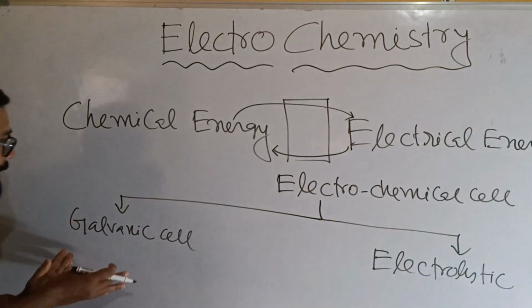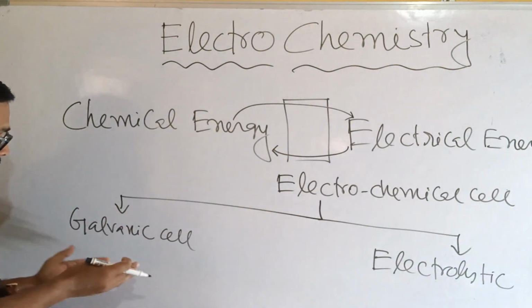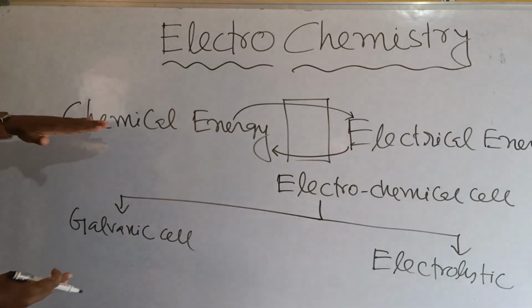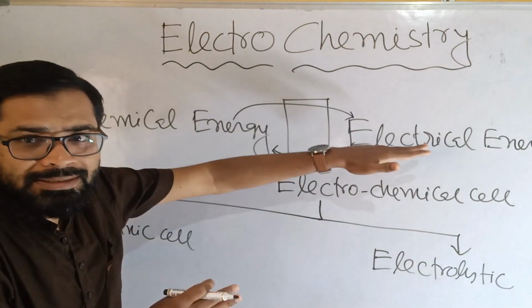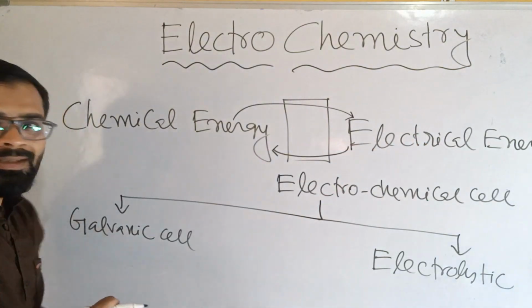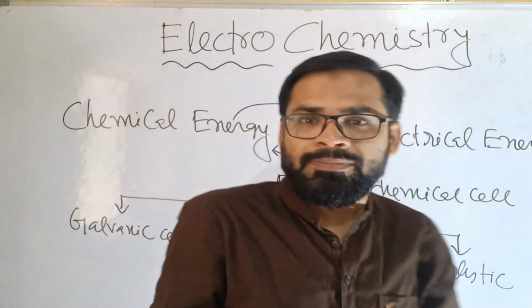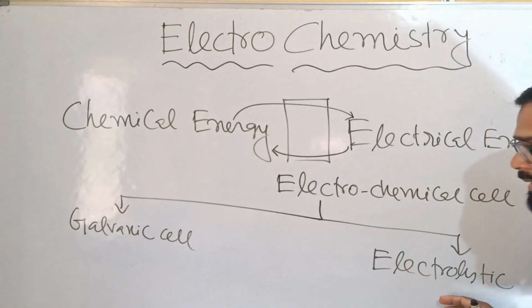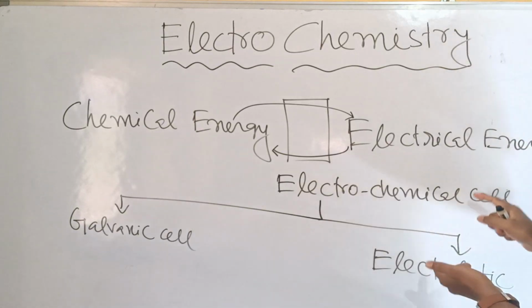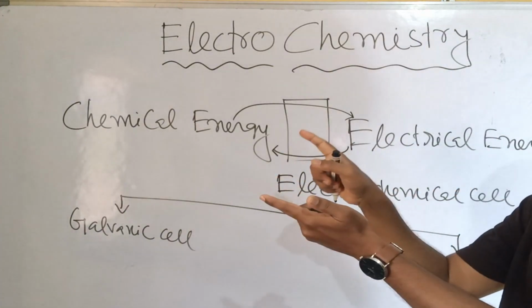But through the galvanic cell we can only observe chemical energy being converted to electrical energy. It means the galvanic cell is used for converting chemical energy to electrical energy, whereas the electrolytic cell is used for electrical energy to chemical energy.